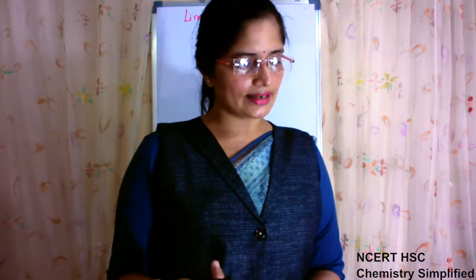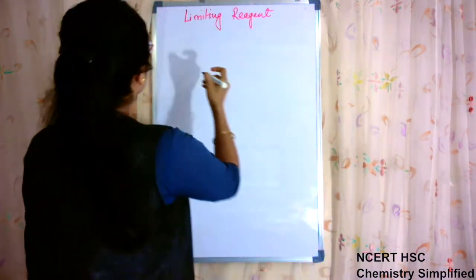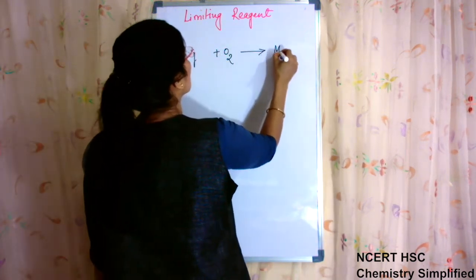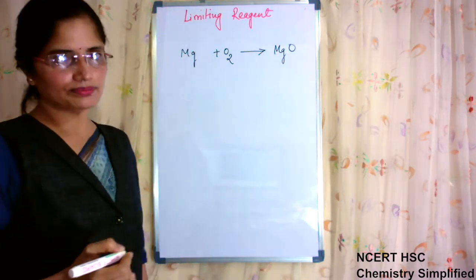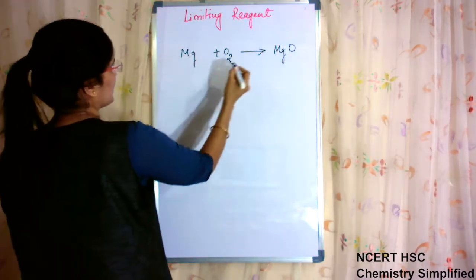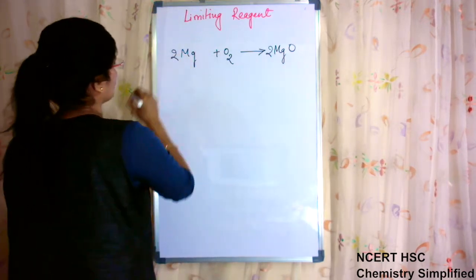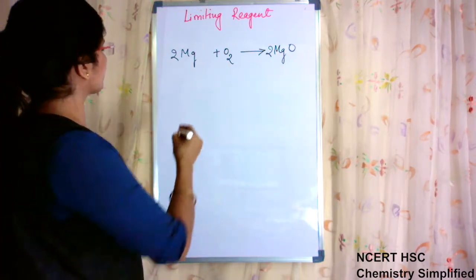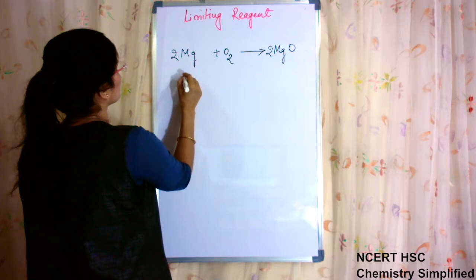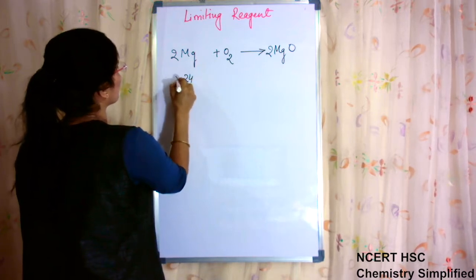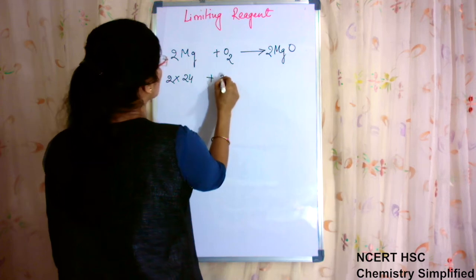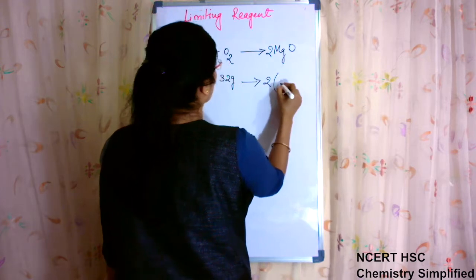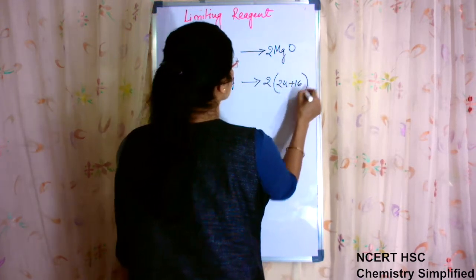To understand this, we are writing one equation: Mg plus O2 gives MgO. It is not balanced, so we balance it with 2. Now, according to this balanced chemical equation, the atomic mass of magnesium is 24 into 2, oxygen is 32 grams, and 2 times magnesium 24 plus oxygen 16.